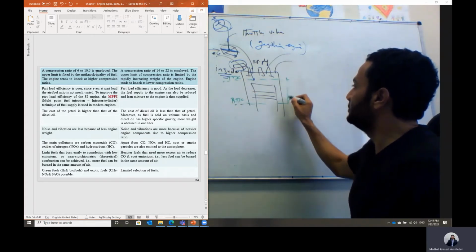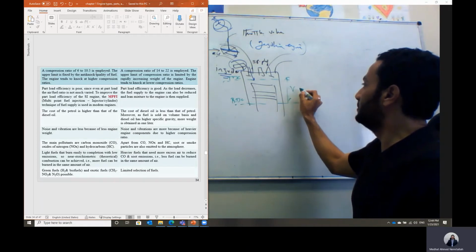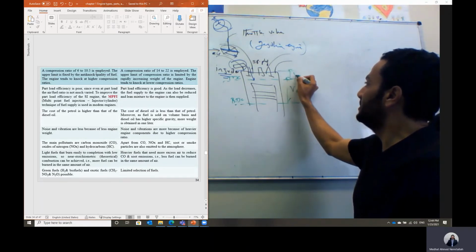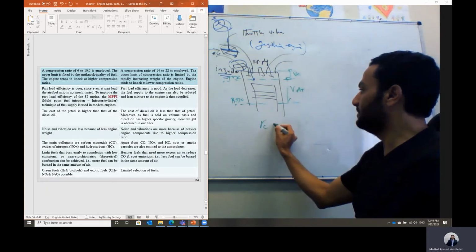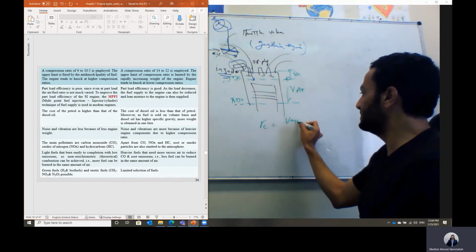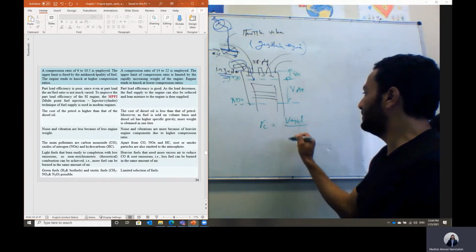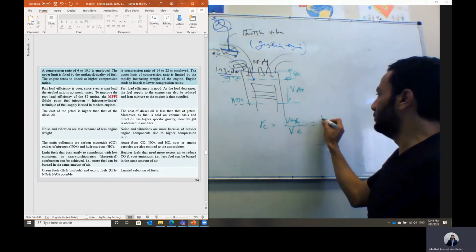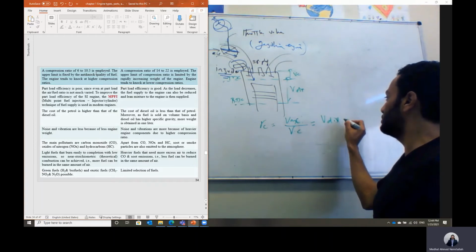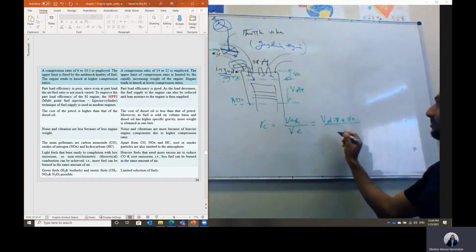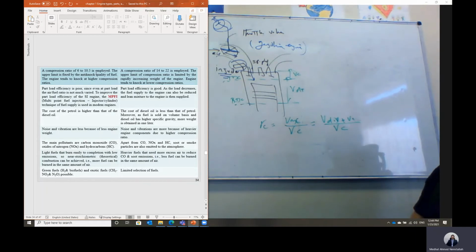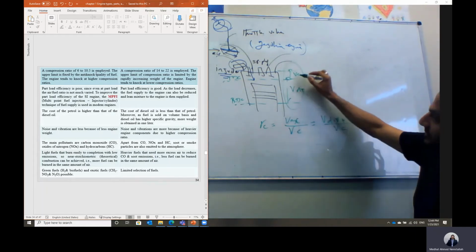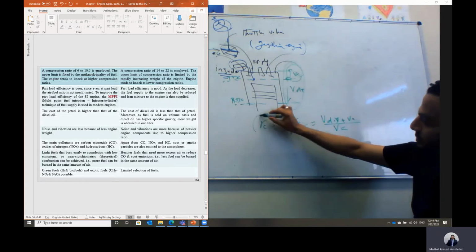Between them is the volume we call the displacement volume, and here is the small volume we call the clearance volume. The compression ratio is the cylinder volume, which is the displacement volume plus the clearance volume, divided by the clearance volume.